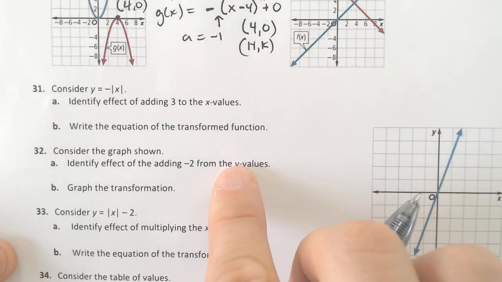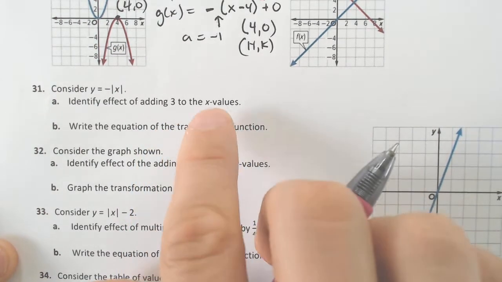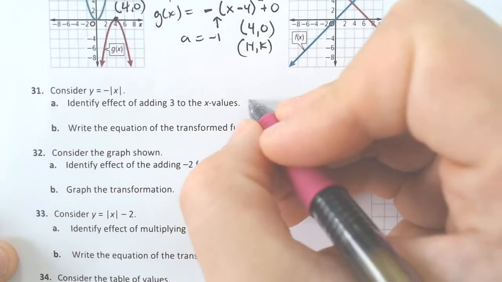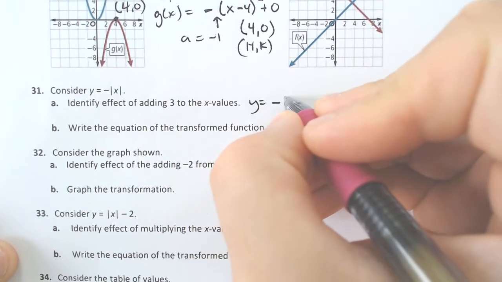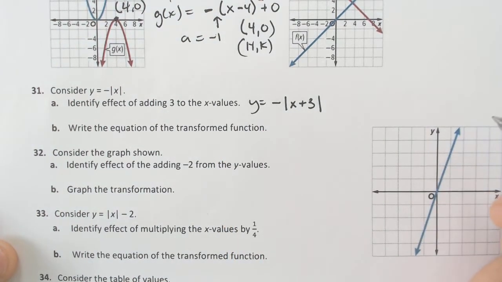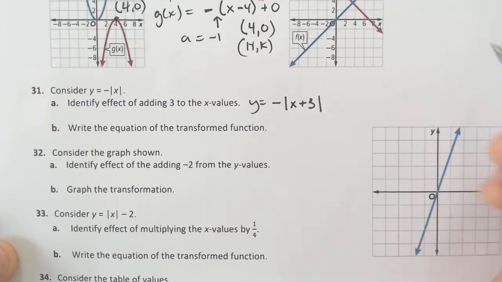So here we got identify the effect of adding 3 to every x value. So if we were adding 3 to every x value, where do you think that 3 would go? Any ideas? Well, here's x. Let's put a +3 there. I don't know what they're even asking for. Okay.